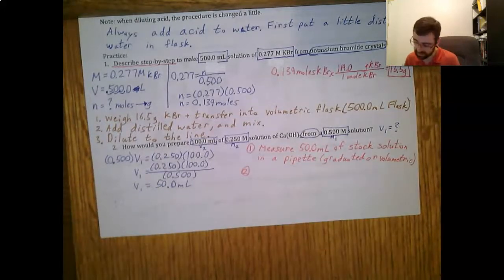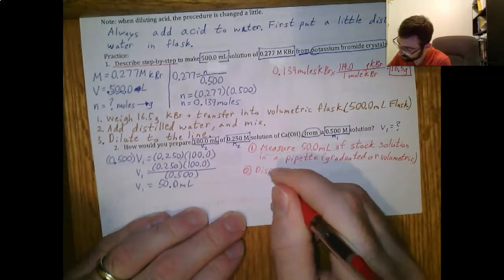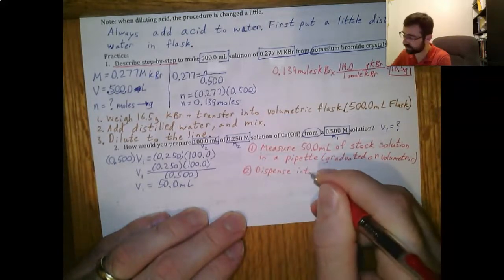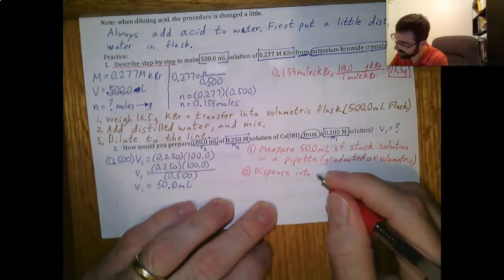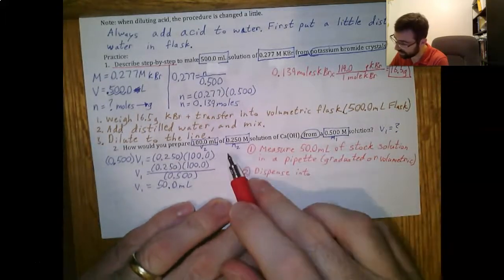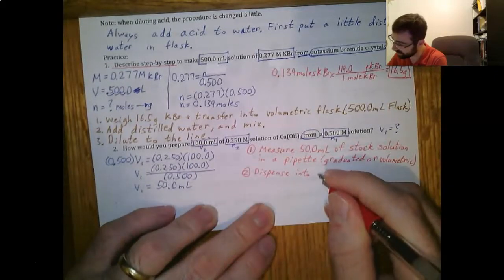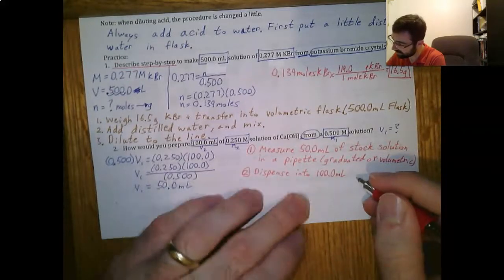My second step is to dispense it into the volumetric flask. And what's my goal? I want to have 100 milliliters, so we're going to put it in a 100.0 milliliter volumetric flask.